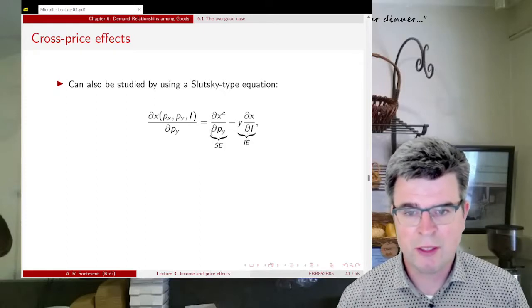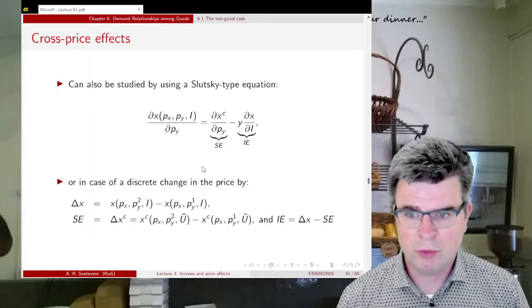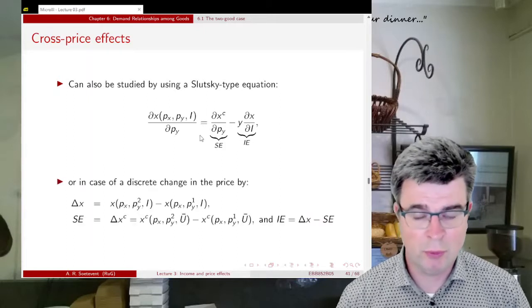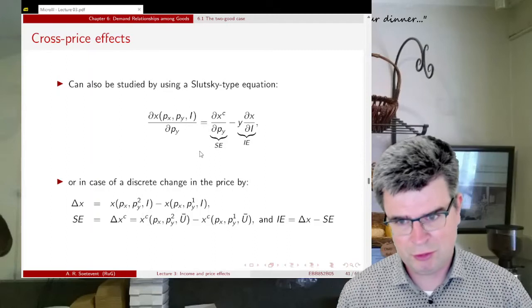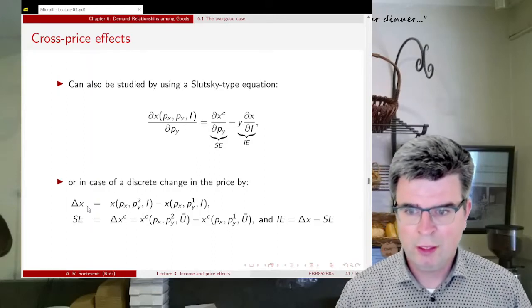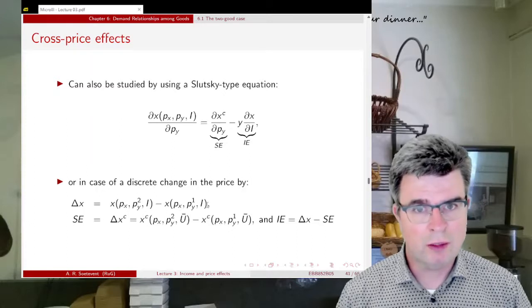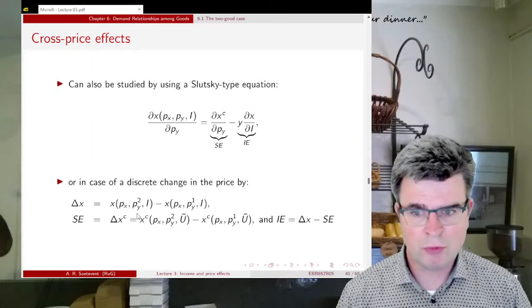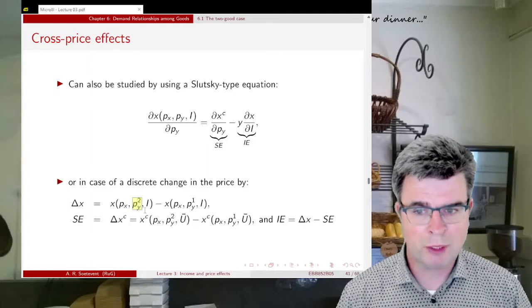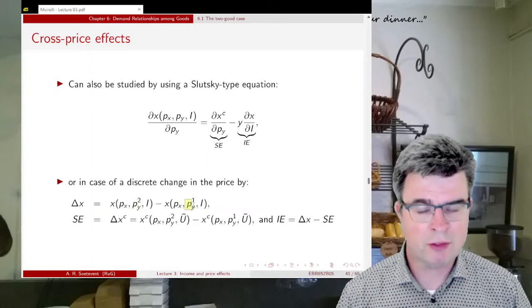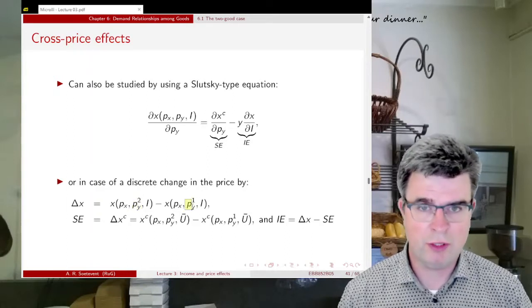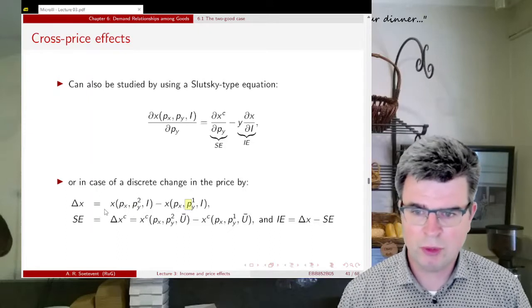And this expression is quite similar to before. And also if we don't take these very small changes but discrete changes, then the total effect is the change in the uncompensated demand curve. So we just plug in the new price of good Y minus the uncompensated demand given the old price of good Y. That's the total effect.